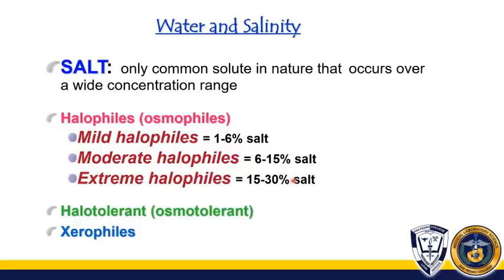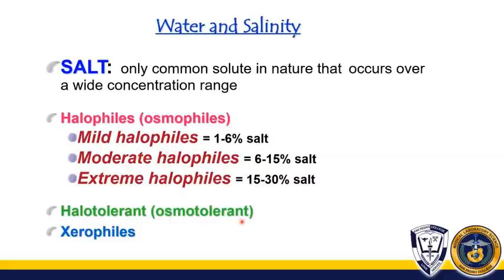and bacteria that are able to grow at moderate salt concentrations, even though they grow best in the absence of sodium chloride, are called halotolerant, like Vibrio cholerae. Although halophiles are also called osmophiles, halotolerant organisms are osmotolerant.